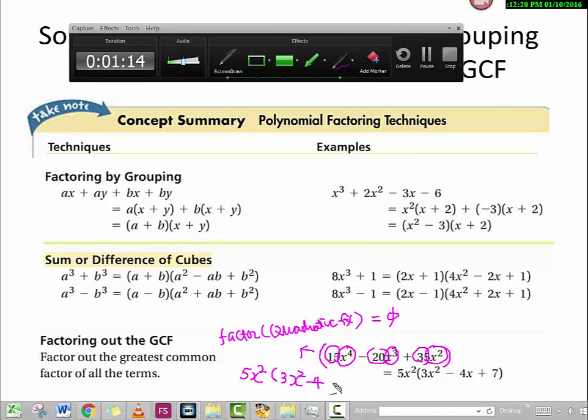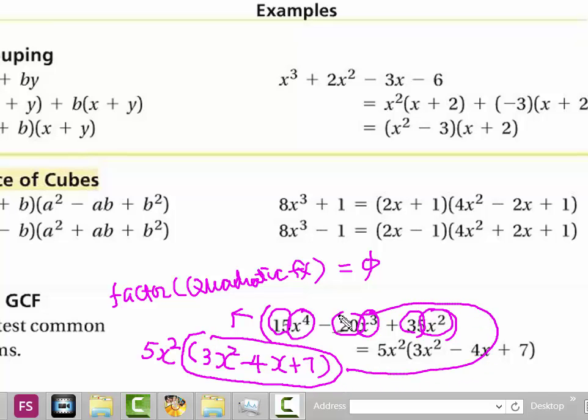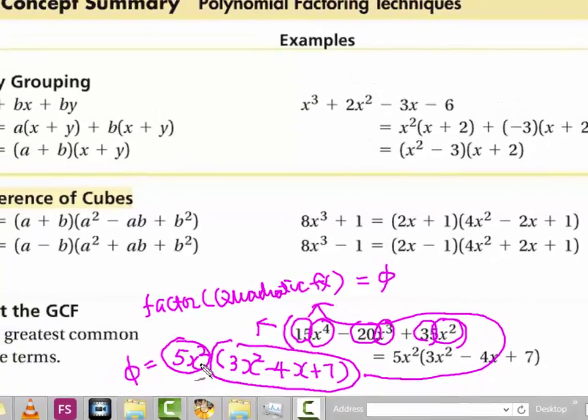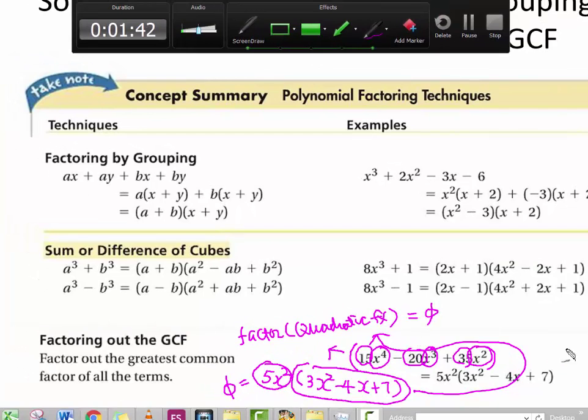The reason we do this is because once this becomes a quadratic function, we can use different kinds of factoring skills that we learned in the quadratic function chapter to solve for it. And because we set it equal to 0, this 5x squared is going to be equal to 0, which means x equals 0. Then we can solve this polynomial equation.